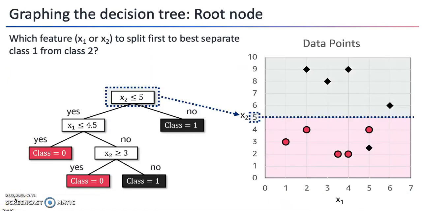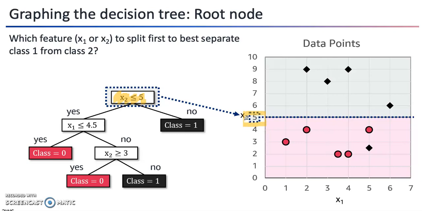So we take a look at the root node here. This root node has a condition relative to a threshold value. Even though the condition is an inequality, a less than or equal to, the value that we may consider a threshold is the value of 5. So x2 is represented on the vertical axis, and as the values on the vertical axis have a scale from 0 to 10, that threshold value is right in the middle.